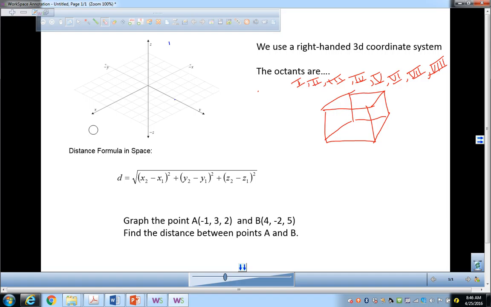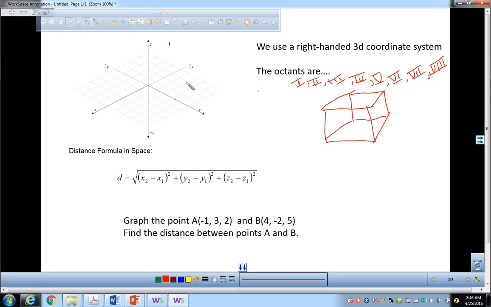Everything is positive, okay? And then you rotate around. So octant 1, if I'm going around this thing, would be kind of front and above. So the first 4 octants, that's a better way to think about it. First 4 octants are above the xy plane. Okay, so the first octant would be kind of out here.